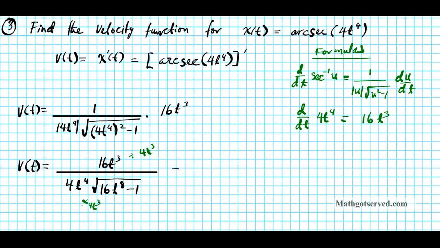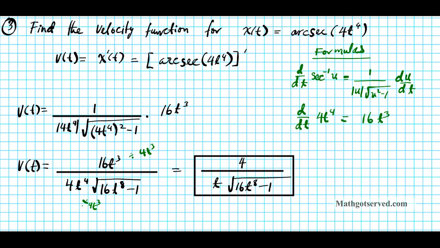If I do that, my final answer, on the top I'll be left with 4, and then in the bottom, I'll be left with t by itself, t times the square root of 16t to the 8th minus 1. So this is basically your velocity function given this position function x of t equals the arcsecant of 4t to the fourth power. So there you have it.